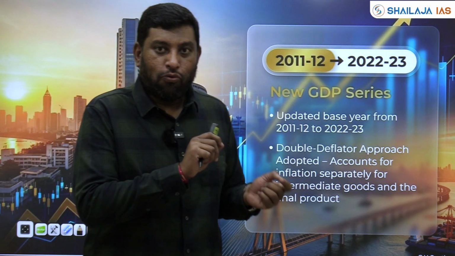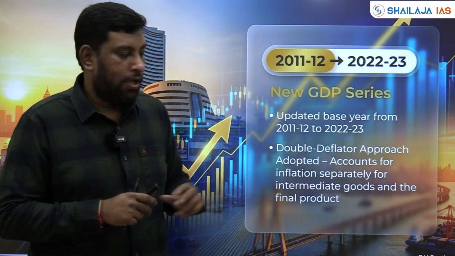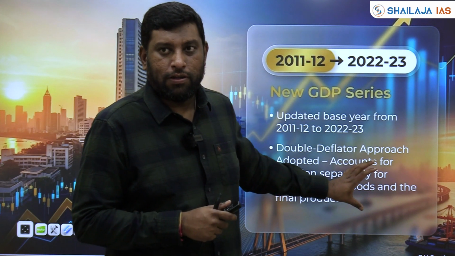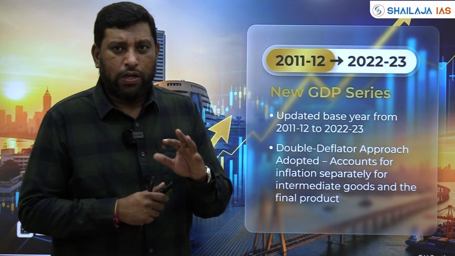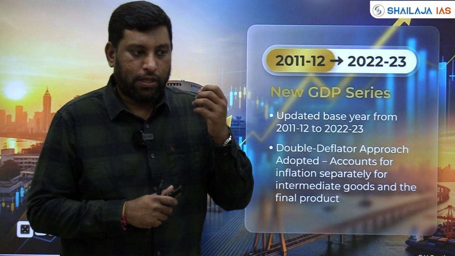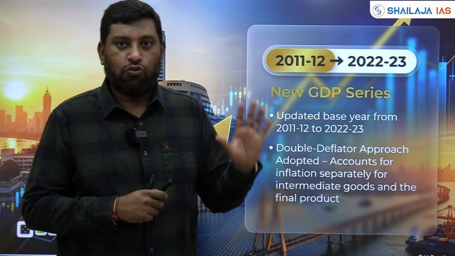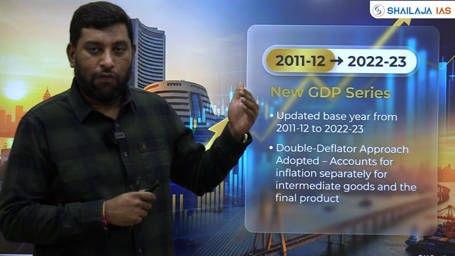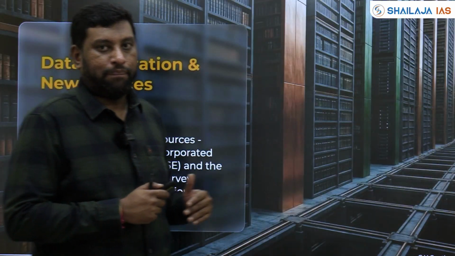So it is going to get a more accurate picture of the economic performance of the country. Too much technical detail of the deflator is not required. All you need to understand is that there is a more accurate understanding of the price of the goods and services produced in the country, because they are accounting for inflation not only at the final level but also at an intermediate level.